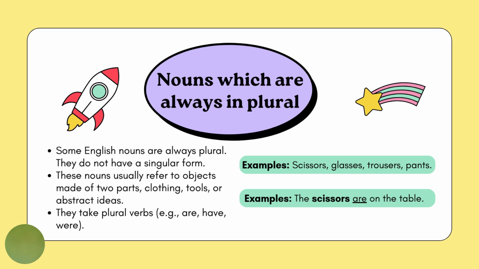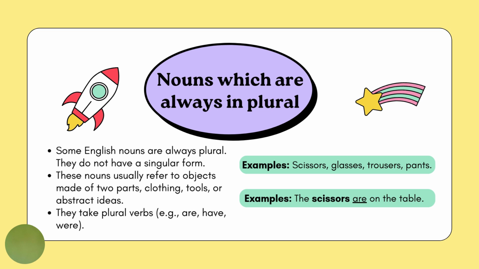Have you ever seen someone wearing trousers with just one hole for the foot? I don't think so, right? So here you say the scissors are on the table. For this one, because it's plural, there will always be an s. Scissors, glasses, trousers, pants, shoes, socks, right? So that's our nouns that are always in plural form.